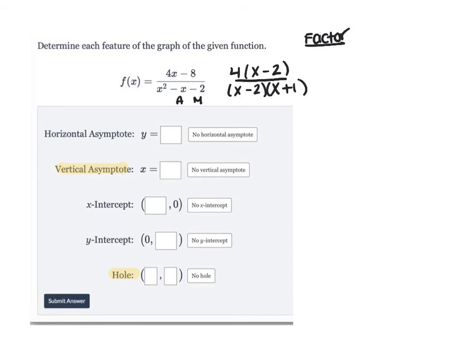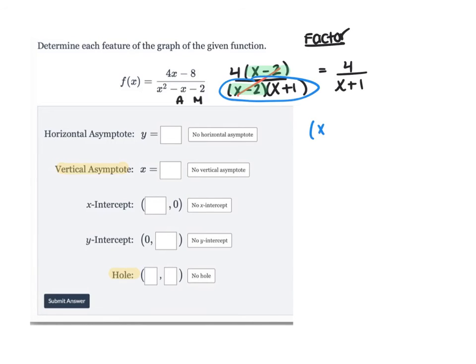So now in this example, you're going to notice the x minus 2's cancel. So we have a new simplified equation of 4 over x plus 1. So since the x minus 2 was canceled out here and here, the opposite value of that will be my hole. So basically, what you want to consider here is this denominator.